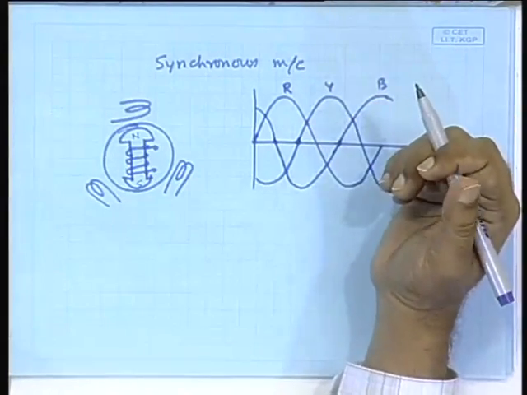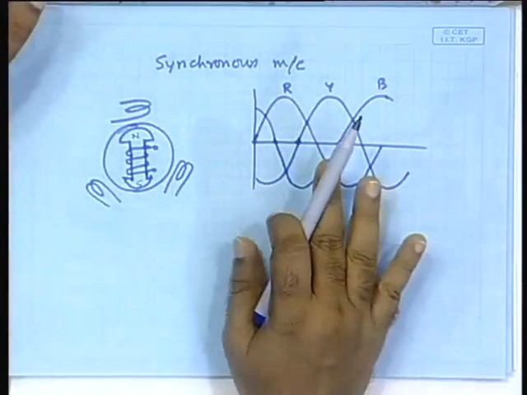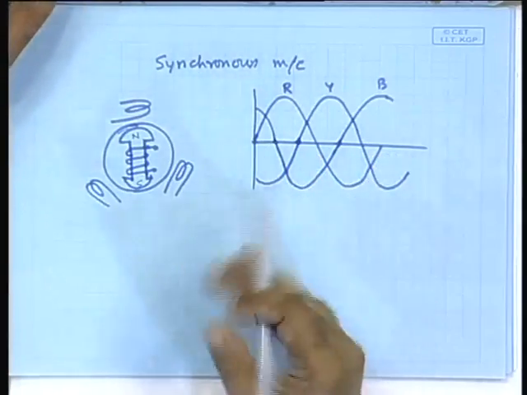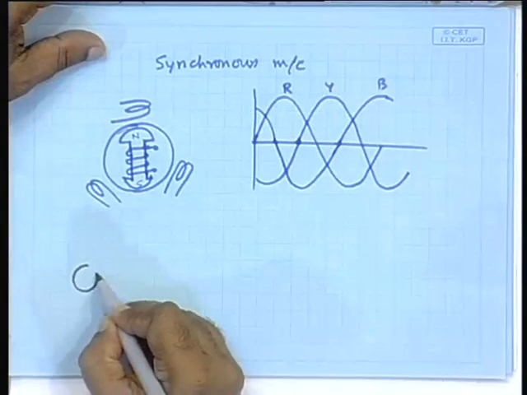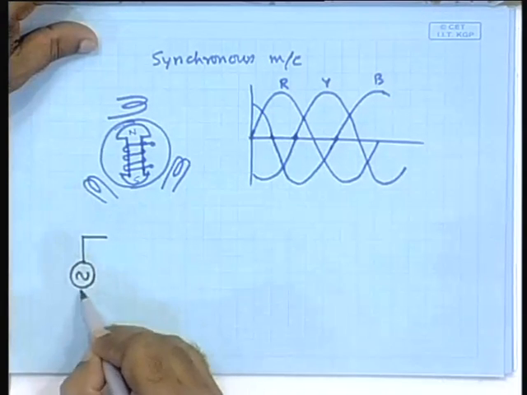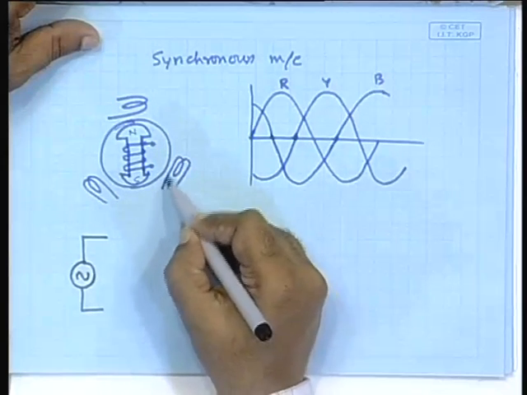Okay. And as you know, such sinusoidal voltages, from now onwards we will treat things in single phase, but we will always remember the thing is in 3 phase, because the circuit diagram, the equivalent circuit and the phasor diagram are always drawn in single phase. So, if you just schematically draw the circuit diagram, it will be a sinusoidal voltage source that will have, invariably, when the current flows, some kind of load connected to these windings.